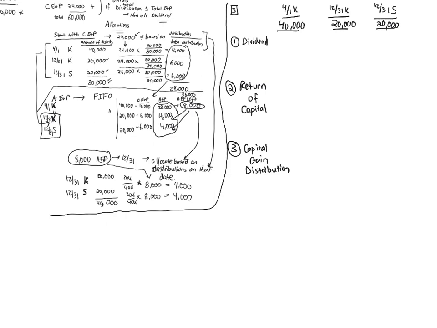So it's dividends to the extent of earnings and profits. Again, on 4-1, you've got 12,028. It's all 40. For 12-31 here and 12-31 here, you've got 6 and 4, 6 and 4. So 10,000, 10,000 dividend.